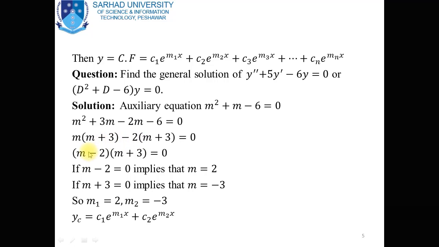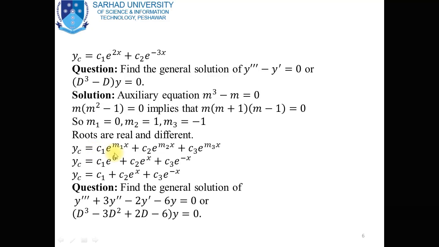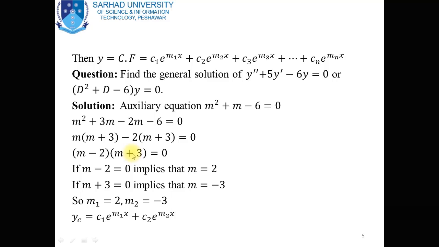Now this equation can be written as m minus 2 into m plus 3 is equal to 0. The product of these two factors equal to 0 means that either m minus 2 is equal to 0 or m plus 3 is equal to 0, or one of them is equal to 0, and then the product of these two factors will be equal to 0.